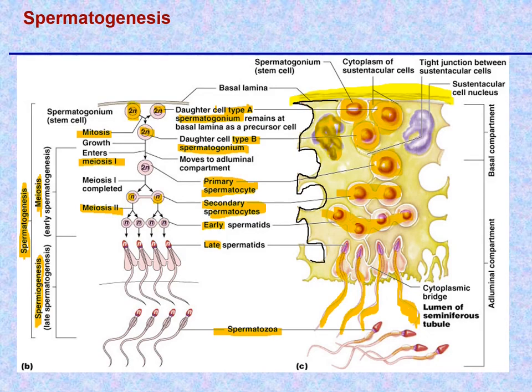This is called a sustentacular cell. And what it does is it forms a barrier all around these developing sperm cells, so that the structures or molecules associated with the surface or inside the sperm cells never actually get into the person's bloodstream.